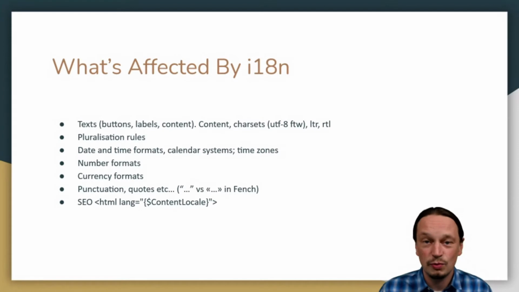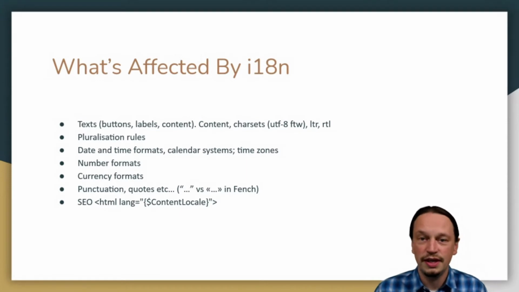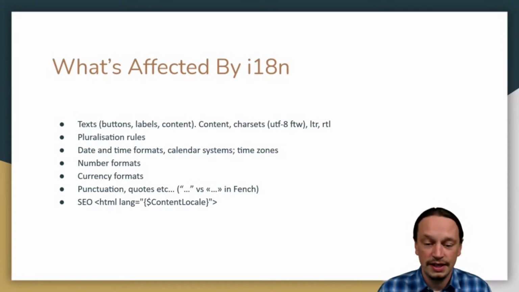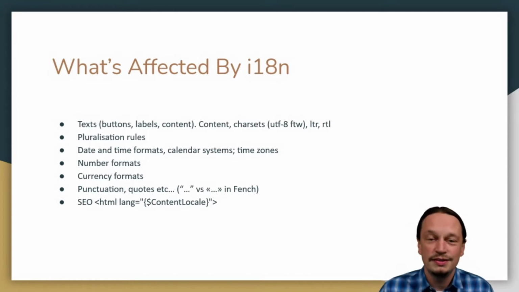Number formats, what's the delimiter between the number and the decimal? Currencies, how are those written? Is the currency symbol in front or after the number? Punctuation, quotes, and so on, and also SEO stuff. So you should take the content locale in the HTML tag.